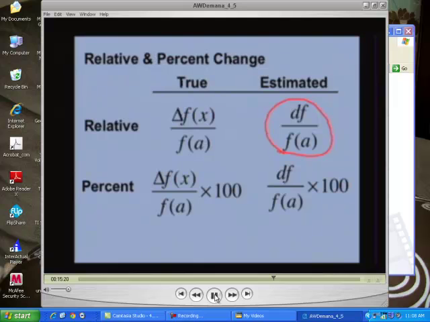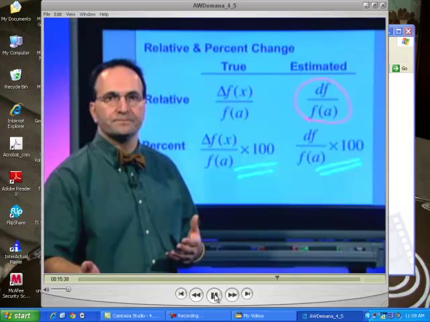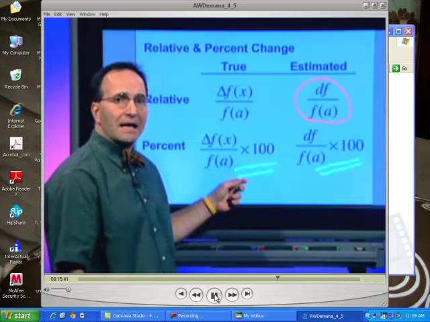So df divided by f of a. For percent change, all you'll notice is that you multiply both of the relative changes by 100. And that's the relationship between the relative change and the percent change. Let's try an example of this.